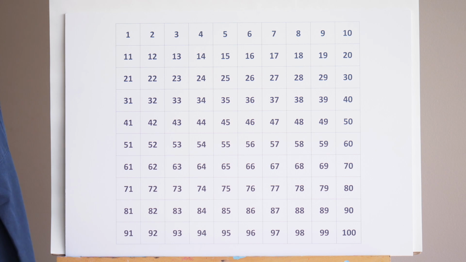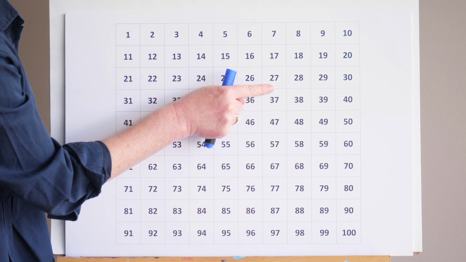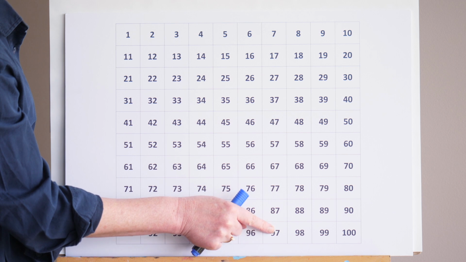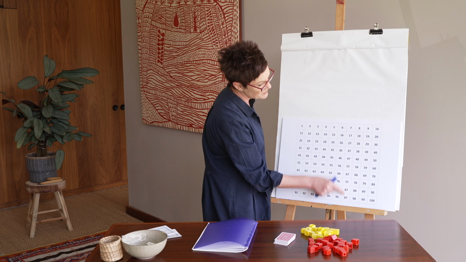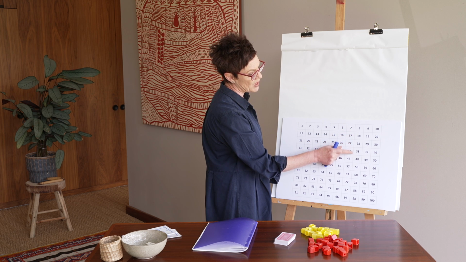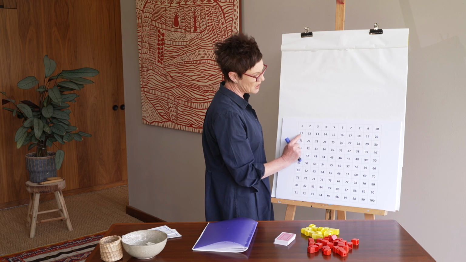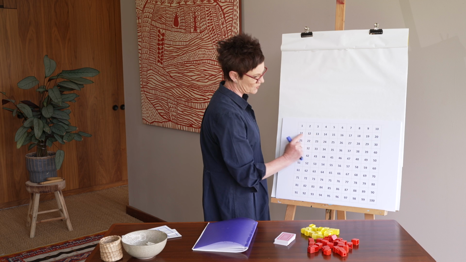That's right. If I run down my 7s column, I can see 7 all the way down. So if I counted by 10s in my 7 column, I'll always end up with 7 in my 1s. Here's our tricky numbers. These don't sound like the other ones.